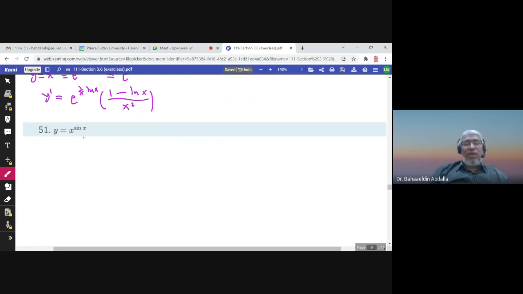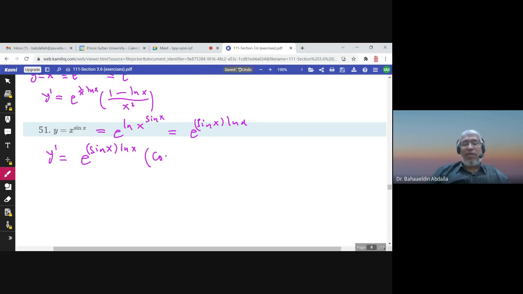So here, for example, if you want to solve it by the second way, you can write it e to the power ln of x sine x, and then you write it e to the power sine x times ln x, and y prime would be the derivative of this, which is e to the power sine x times ln x times the derivative of sine x times ln x, which is a product.